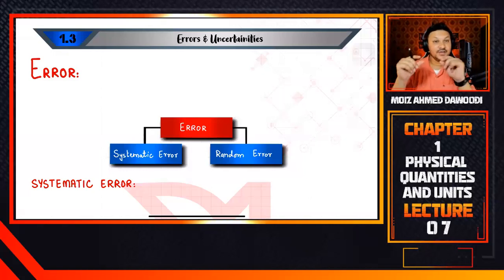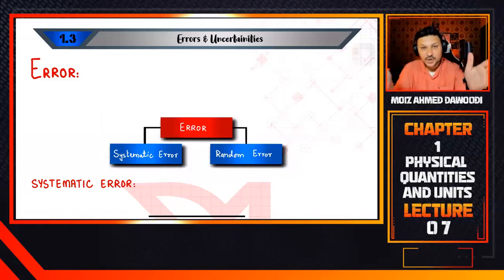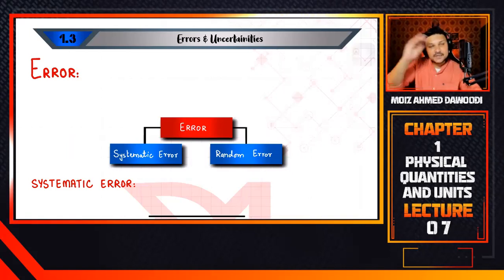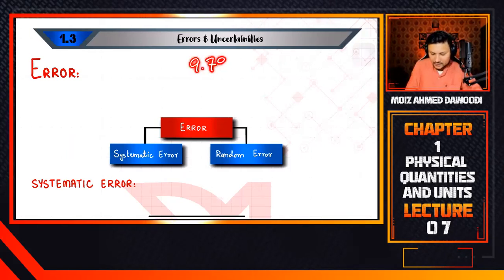Beta, we say error is the difference between the measured value and the actual value. For example, if I design an experiment through which I am measuring the value of acceleration of free fall, and I get an answer of 9.79 m s^-2.